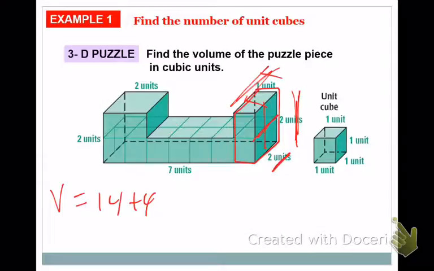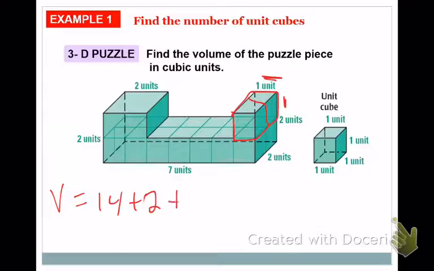Let's go back and look at this 4 again. Just this prism right here is only 1 cube high, 1 cube across, but 2 cubes deep. So there's going to be 2 cubes in here. And if we divide this space up for the left-hand side, then you'd have 4 cubes in here. So 14 plus 2 plus 4 is going to be 20 units, 20 cubic units.